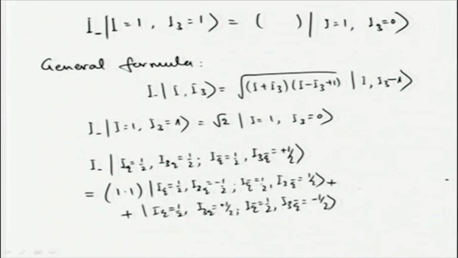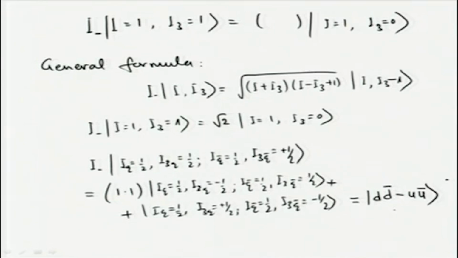And this, if you look at, is nothing but I3 q corresponds to a D and I3 q bar corresponds to a D bar, plus actually I3 q plus, that is a U, but I3 q bar minus half is a U bar with a minus sign. So, that is why I put a minus sign there.